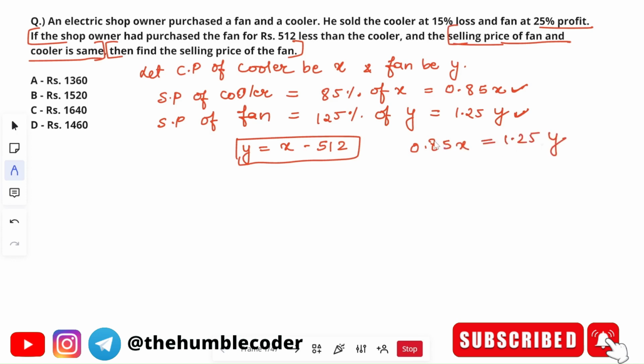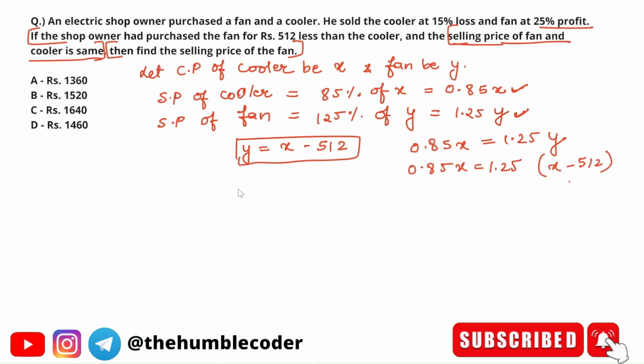Now this is one equation and this is another equation. Using the earlier equation we have found the value of y in terms of x, so we will put this y value in this equation. So 0.85x equals 1.25 times (x minus 512). We have substituted it in this way. So let's solve this one.